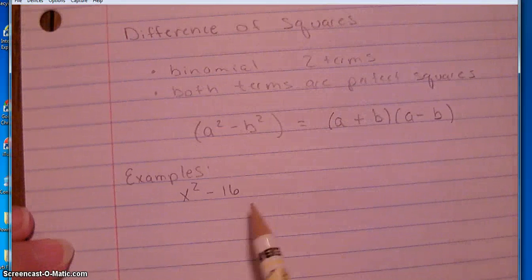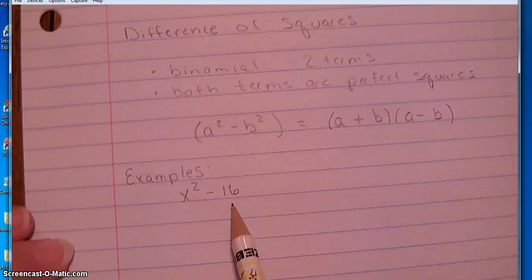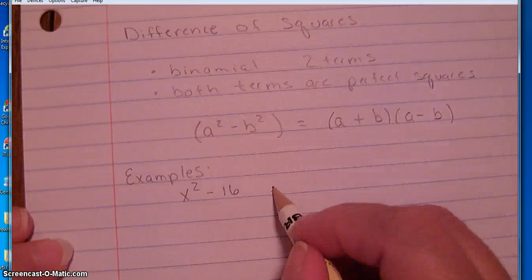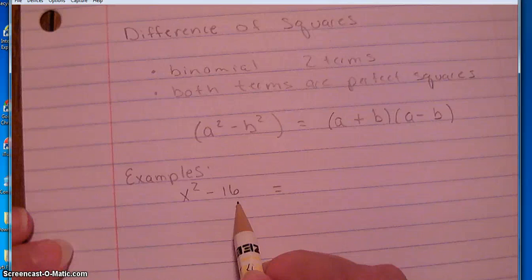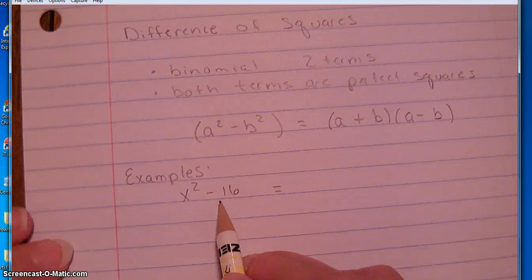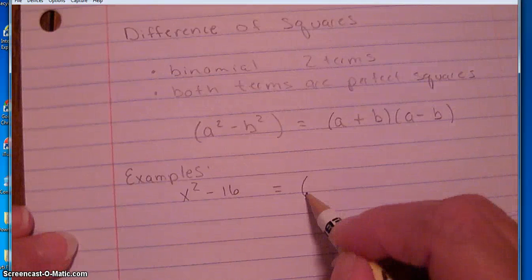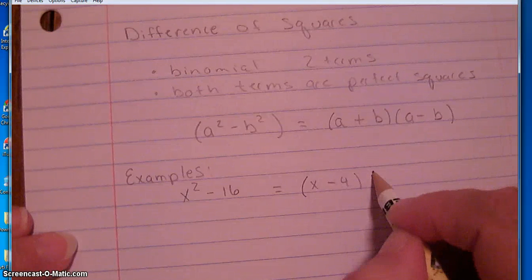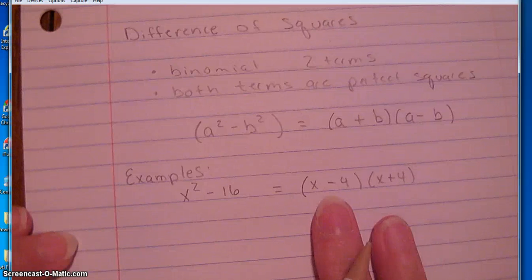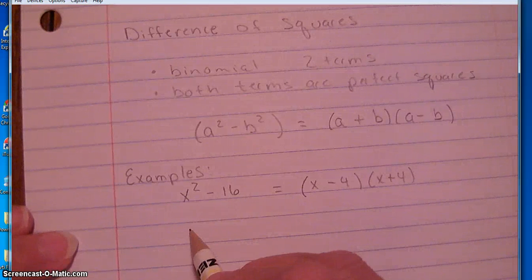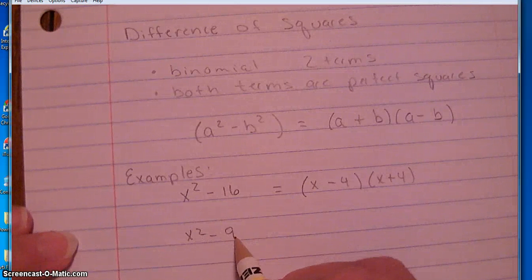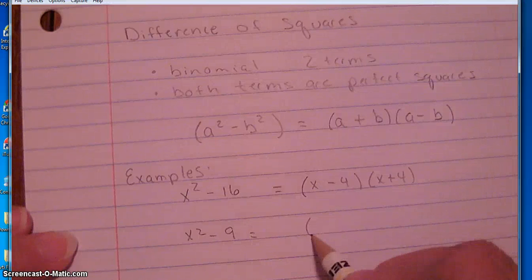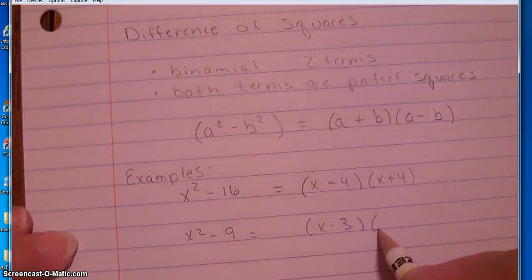So for example, we have x squared minus 16. Again, x squared is a perfect square and 16 is a perfect square, and it's being subtracted, so it's a difference. This would factor to x minus 4 and x plus 4. They're conjugate pairs. Another example would be x squared minus 9, which factors to x minus 3, x plus 3.